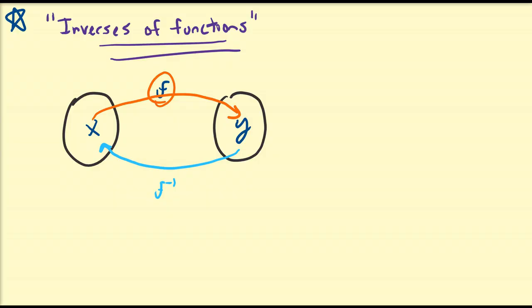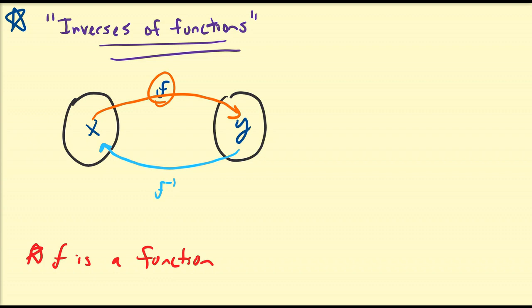All right, so firstly, let us assume that f is a function or a relation that is a function. So it maps every element in its domain to a unique value in its range.